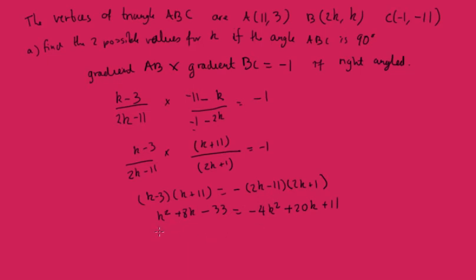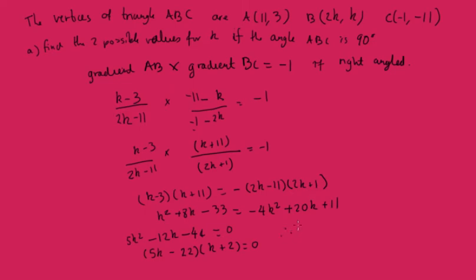Bringing everything together, we will have 5k squared minus 12k minus 44, so we've brought over to the one side and collected terms, equals 0, and then factorising this is a horrible thing to factorise, but when we factorise it we get 5k minus 22 times k plus 2 equals 0.